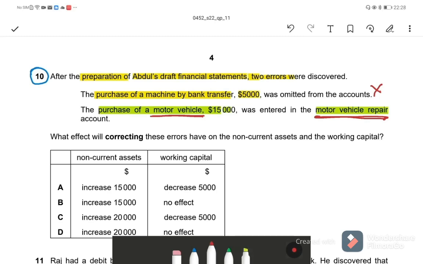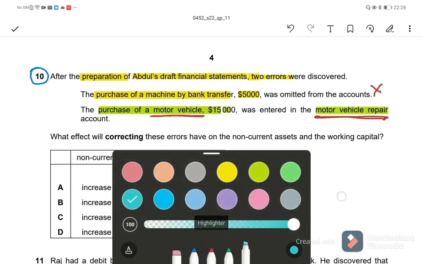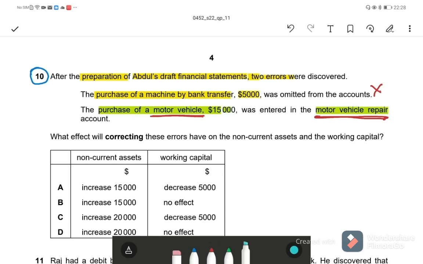So what is the question? The question, what effect will correcting these errors have on the non-current assets and working capital? In the non-current asset, purchase of machine by bank transfer, that is 5,000, and purchase of motor vehicle 15,000.